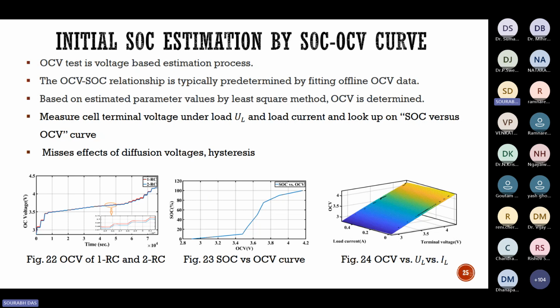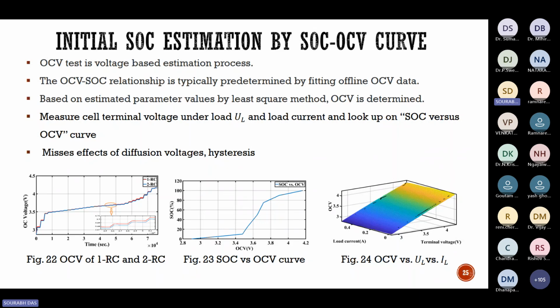While charging, we can see that the terminal voltage is greater than the open circuit voltage, and while discharging, the open circuit voltage is greater than the terminal voltage.